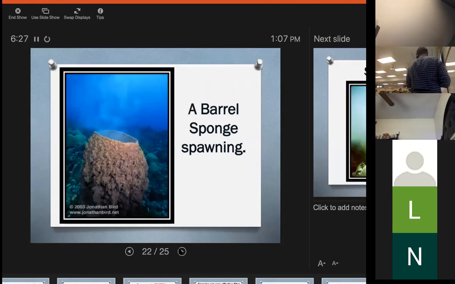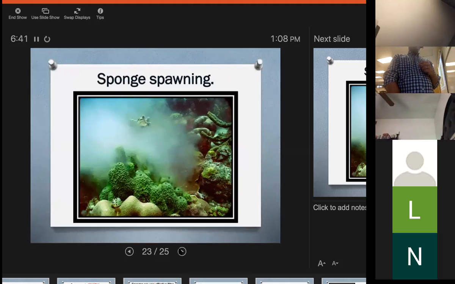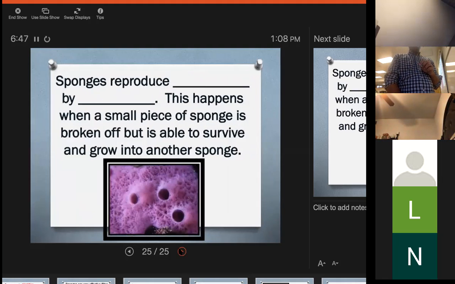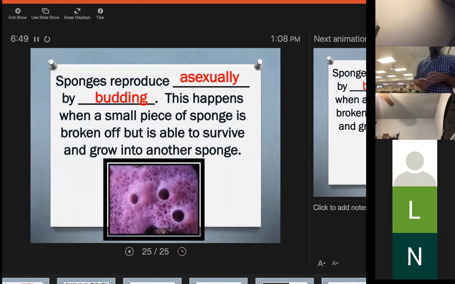So this is a barrel sponge, and all of that cloudy material coming out of the top of the sponge is sperm. So it releases its sperm into the water, hoping that it will reach a female sponge. And here are some more examples of that. Now, last slide.